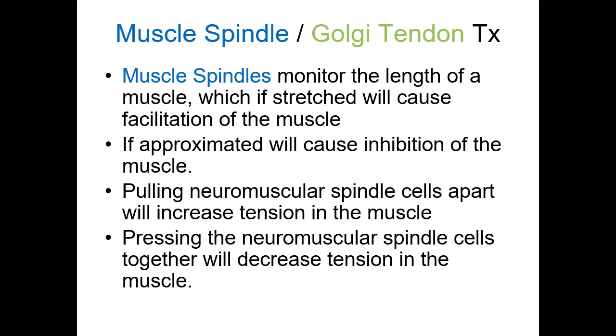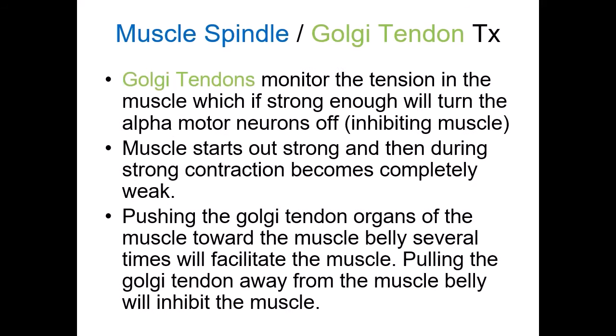If we approximate or press the neuromuscular spindle cells together, this will decrease the tension in the muscle, as the muscle spindles will think that they are being approximated. Using these 2 methods, we can effectively cause the muscles to either be facilitated or inhibited at that muscle level.